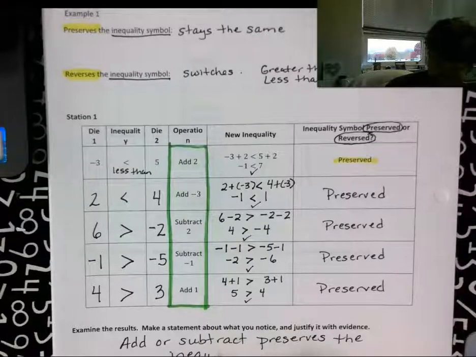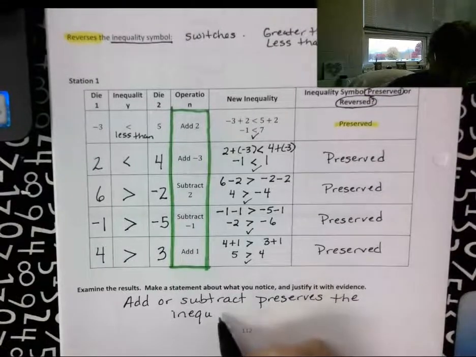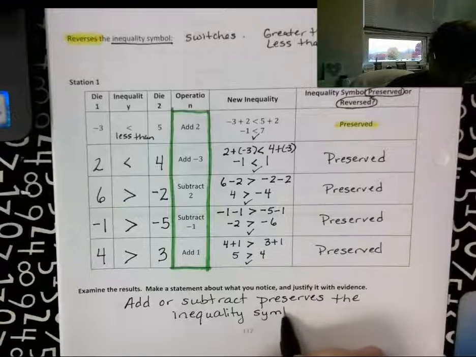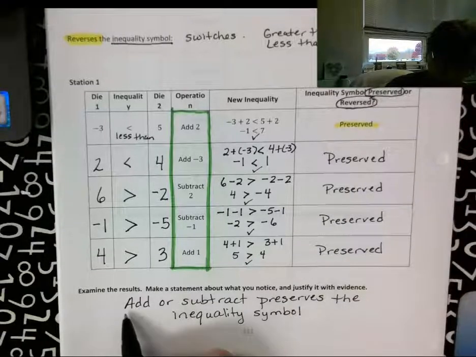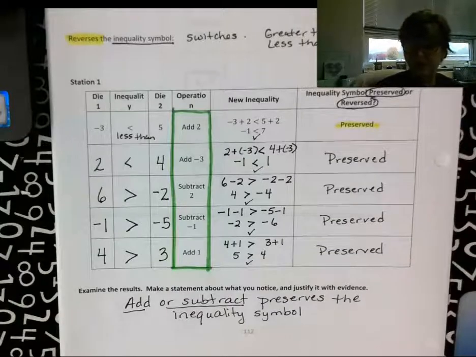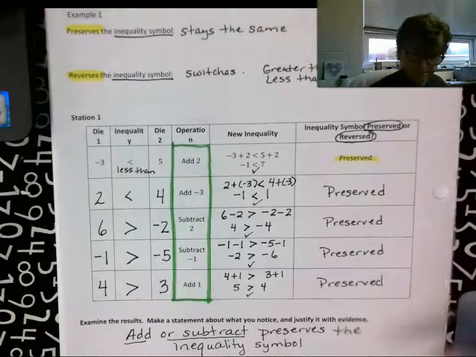So in other words, nothing changes if I am adding or subtracting. If all I did was add and subtract, then I preserve the inequality symbol. So let's move to the next page here.